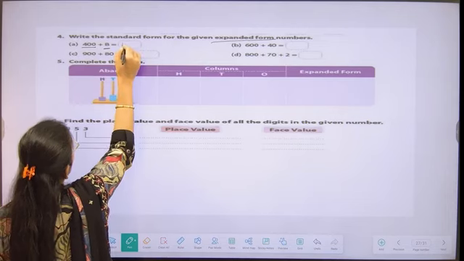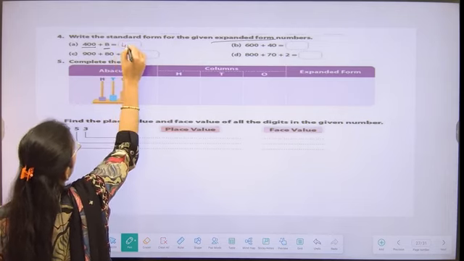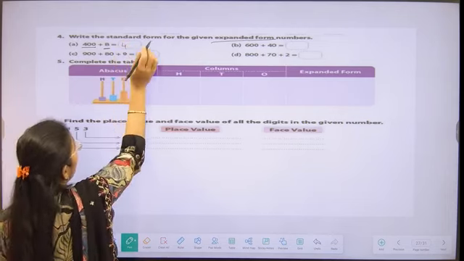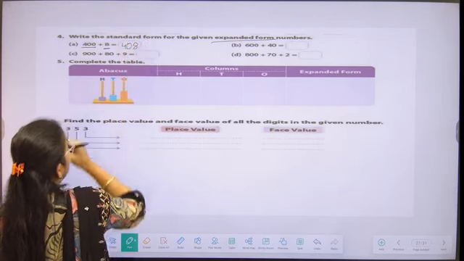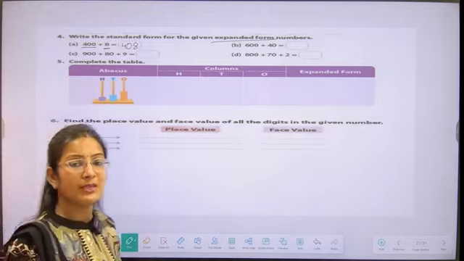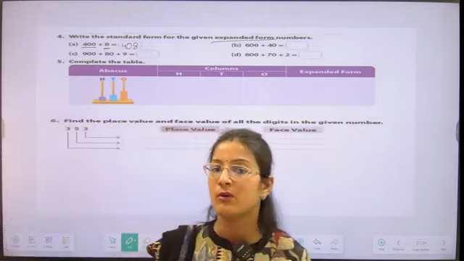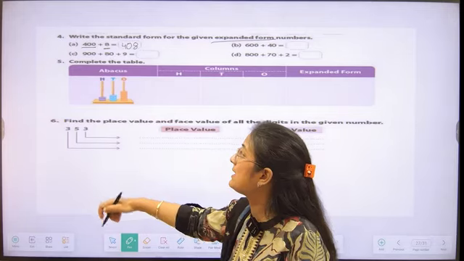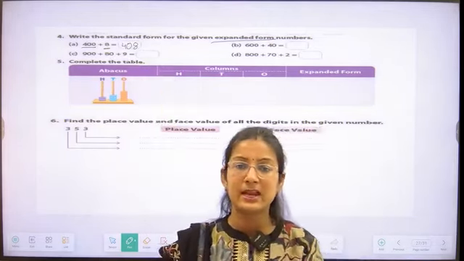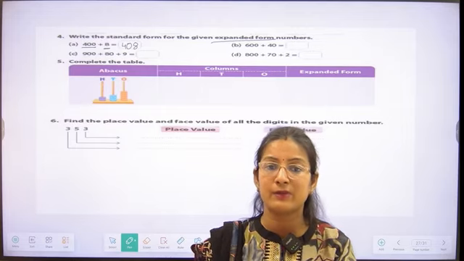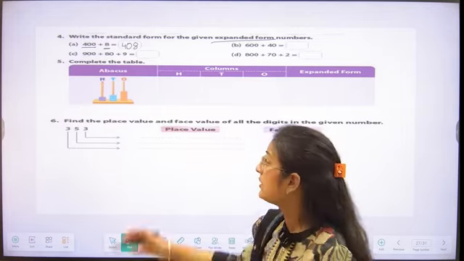So we write 4 at 100 place value. We are having nothing at tens place value, so we write 0 for that, and 8 at ones place value. With this, we are writing the number from expanded form. The standard form is 408. Everyone is understanding how we are writing the number in standard form? Very good, student.